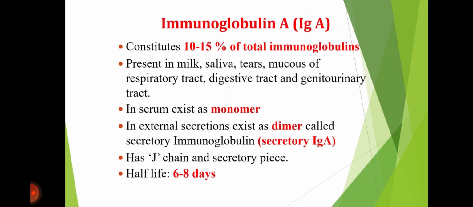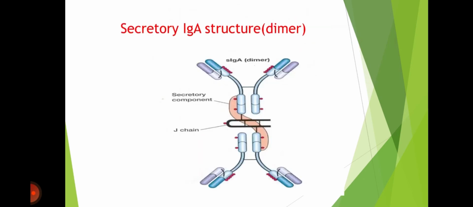In serum, it exists as monomer. In external secretions, it exists as dimer called secretory IgA. It has a J chain and secretory piece, and its half-life is 6 to 8 days. As a dimer, there are 2 molecules, a secretory component, and a J chain.